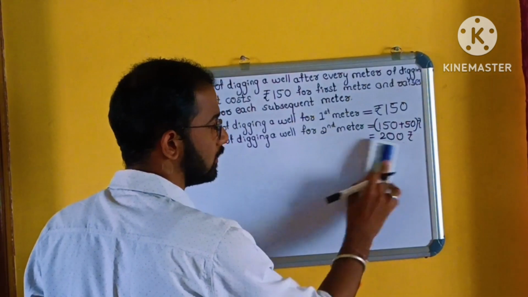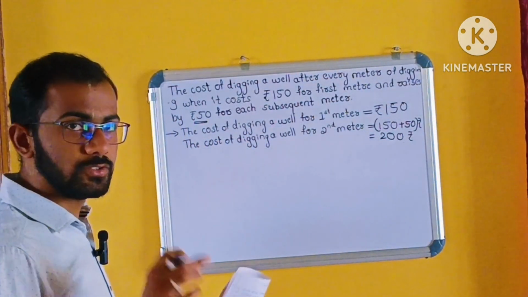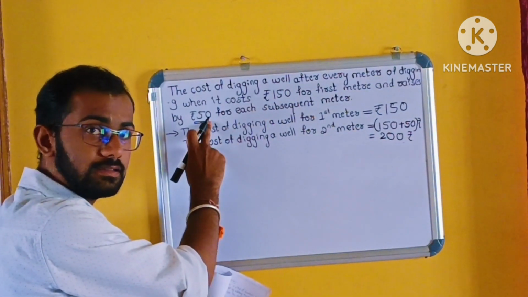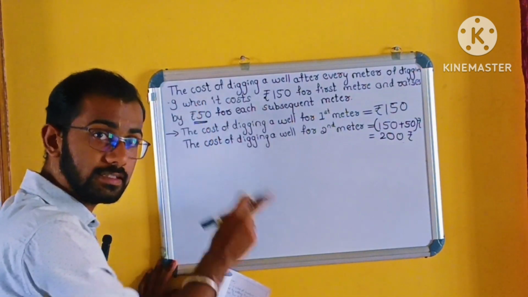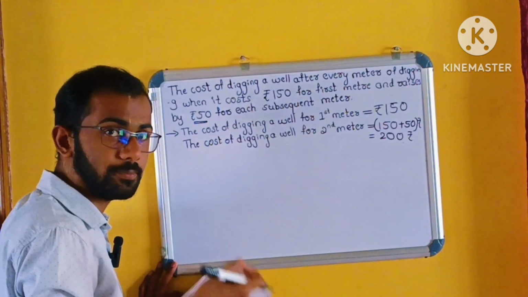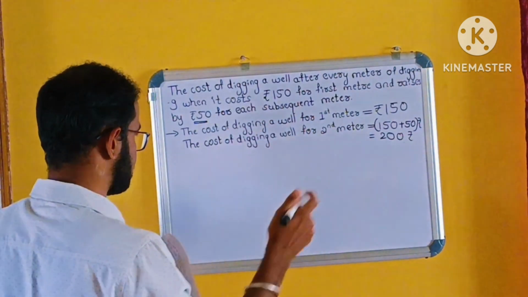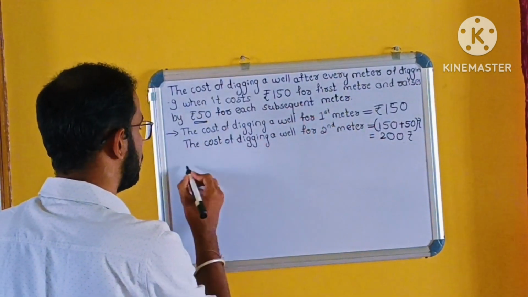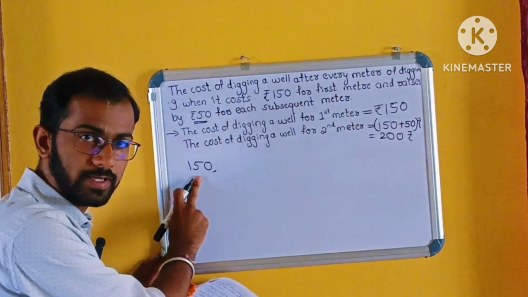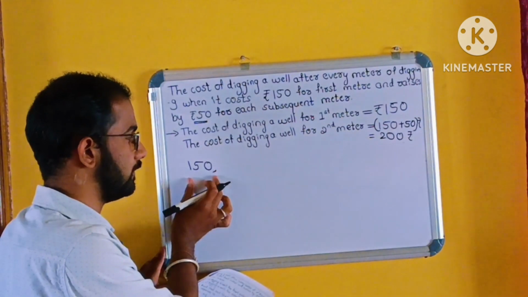So let's create a sequence over here. Since this 50 rupees is fixed for every subsequent meter, the sequence will be formed like this. If you start digging for 1 meter, the cost will be 150.